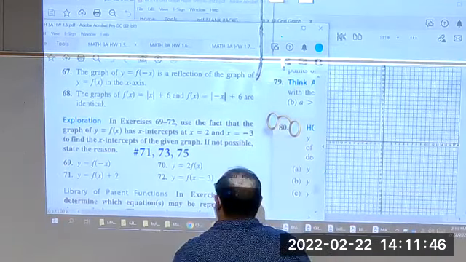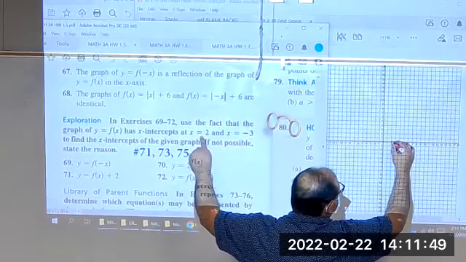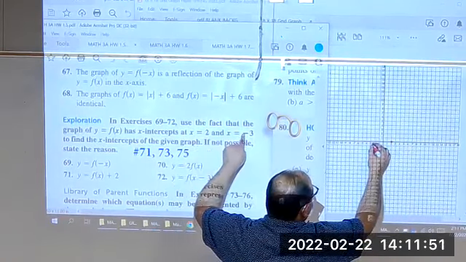At x equals 2, that's an x-intercept. At x equals -3, that's an x-intercept.